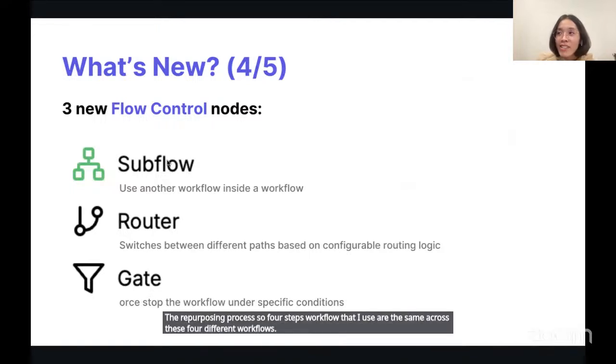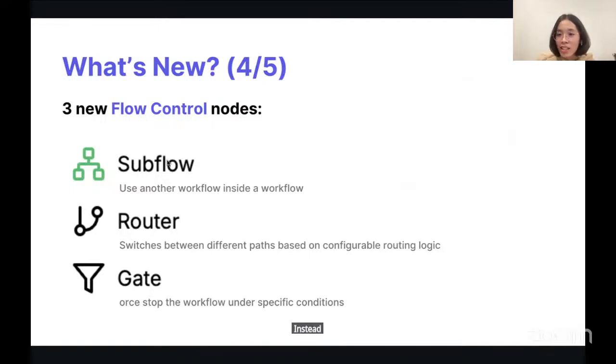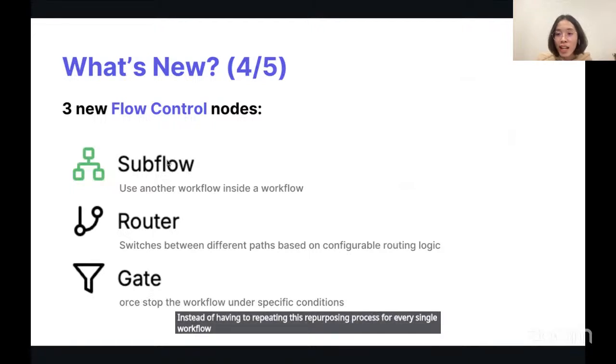Instead of having to repeat this repurposing process for every single workflow, what I can do is build a dedicated, separate repurposing workflow, and then add that one repurposing workflow as a subflow into each of the content generation workflows that I have.